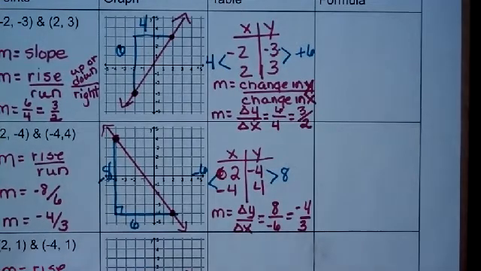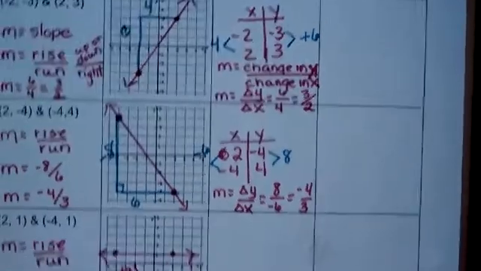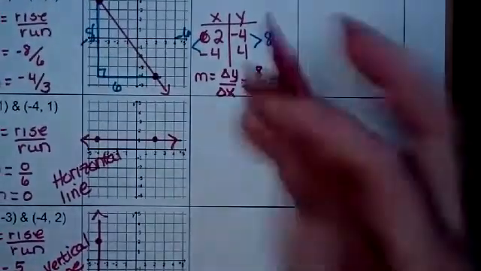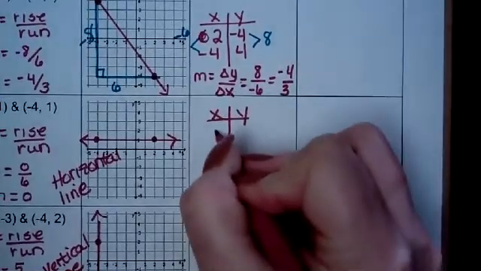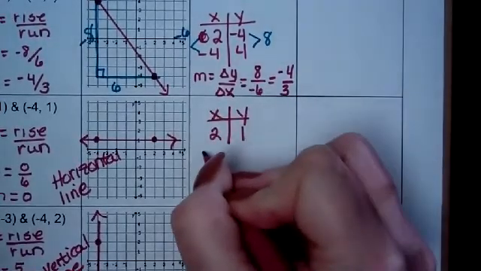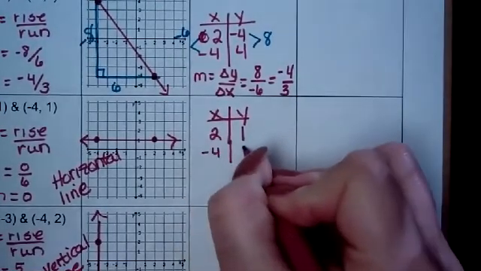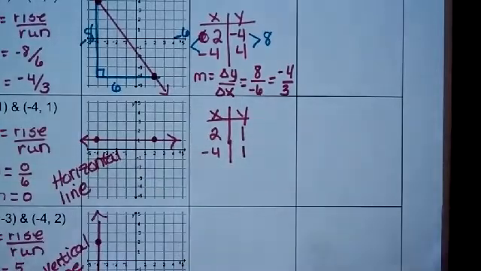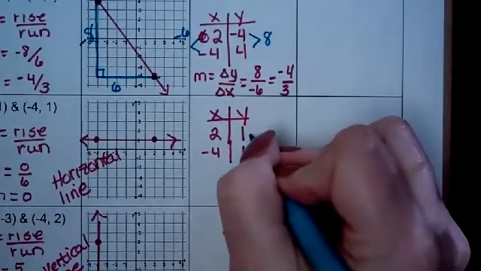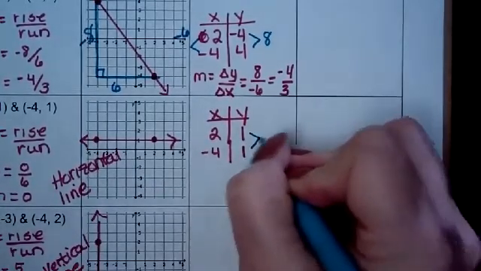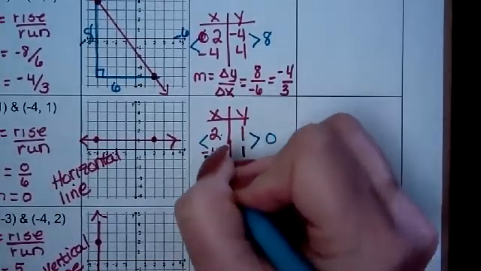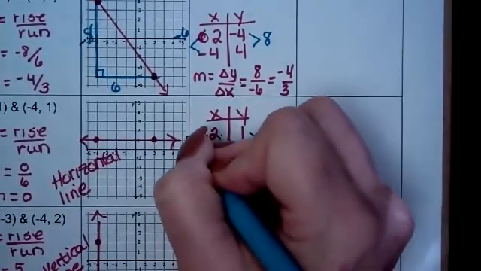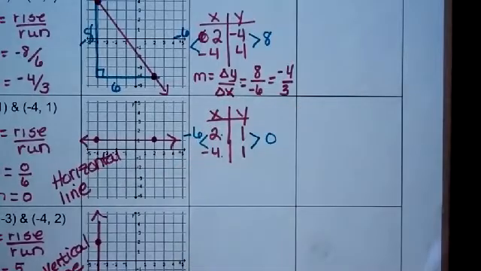Now, let's try this table with the horizontal line. So I've got x and y. We've got 2 and 1, and -4 and 1. If I look at my common differences right here, what do I add to 1 to get 1? 0. What do I add to 2 to get -4? Well, that's -6 again, isn't it?